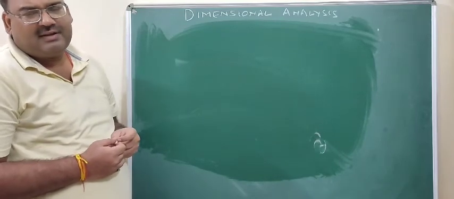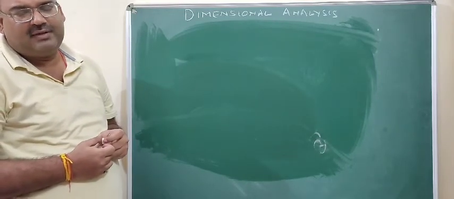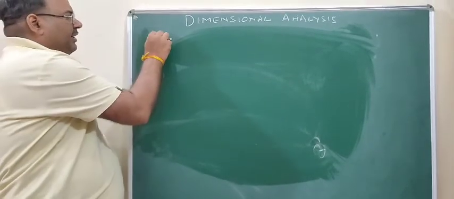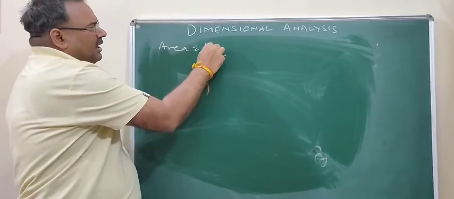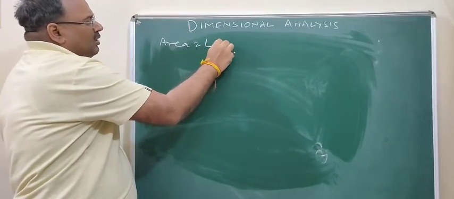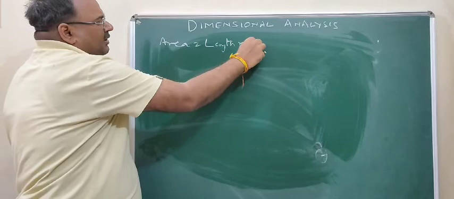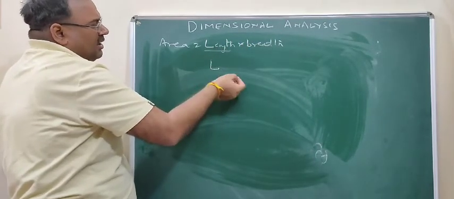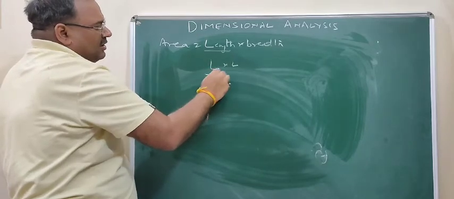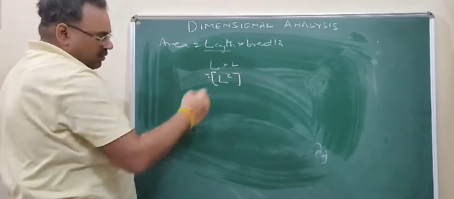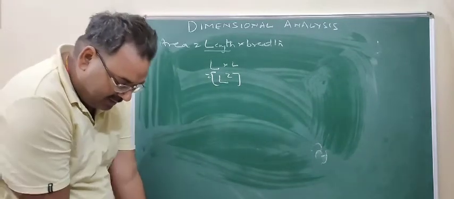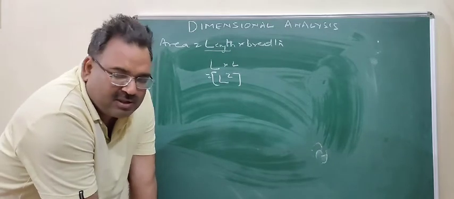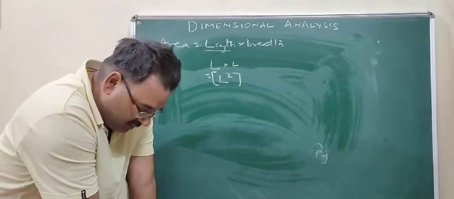Now we will write the dimensional formula of certain physical quantities. So we start with area. Now area formula is length into breadth. Dimensional formula: length is L and breadth is also L. That is L square, measured in meter, SI unit can be meter square.